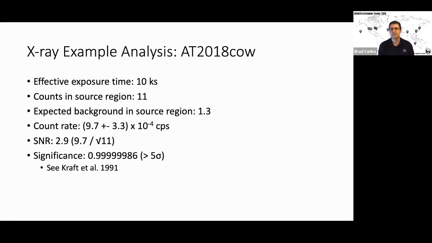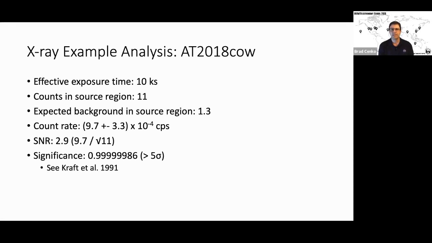All these things contribute to the X-ray background. And so if you subtract those two, 11 minus 1.3, that's 9.7 source counts in our source region. You can convert that to a count rate, just dividing by the exposure time. So 9.7 divided by 10,000 gives you a count rate of 9.7 times 10 to the minus 4 counts per second.